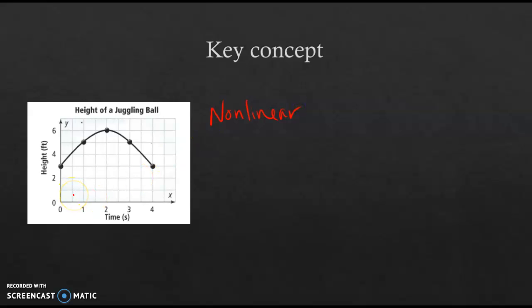So this is an example of a nonlinear. Our absolute value graphs where we're making V's, that's a nonlinear. Our parabolas, the U-shapes, those are nonlinear. Alright, so anything that does not make a line. So non means not.